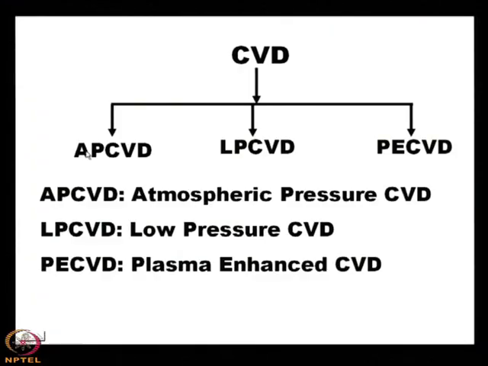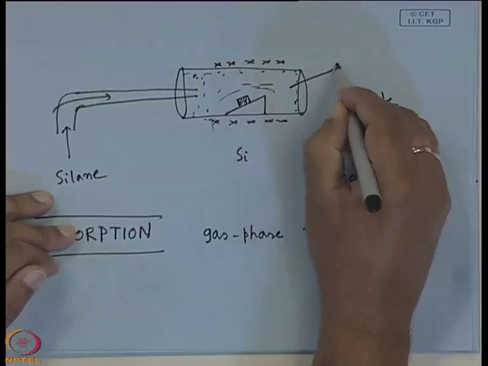Okay. In this case, in semiconductor technology, the films are very thin, of the order of some micron, in some cases less than that, some angstroms, nanometer type of thickness is required. So, when we talk about this APCVD, that means the atmospheric pressure CVD, or LPCVD, that means this reaction chamber is known as the reactor.